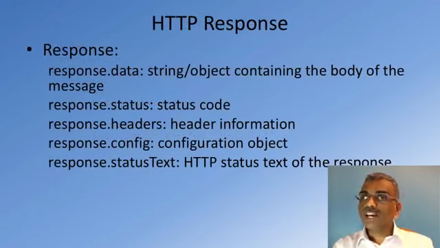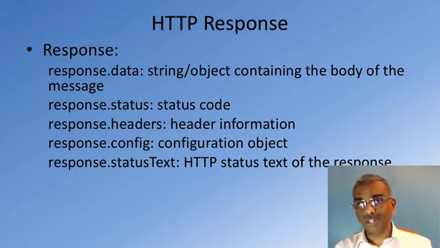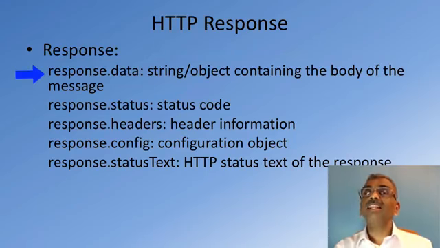The response coming in from the server is returned as a parameter to the functions, both the success function and the error function. So it comes in as a response object. This response object has several properties. Let's look at some of them that are useful for us. If we say response.data, that will return either the string or the object that is contained in the body of the response message.